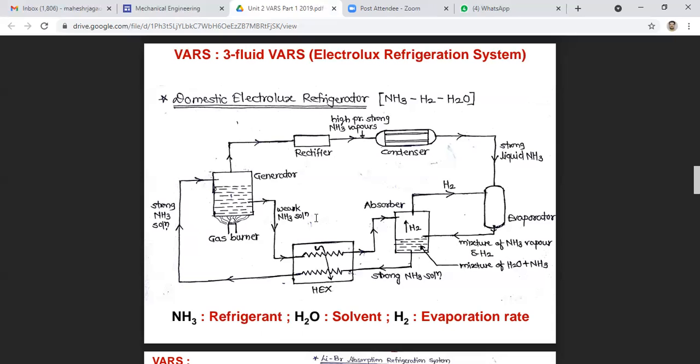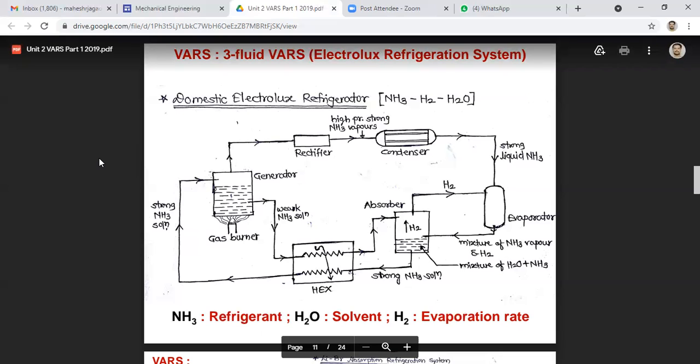So the principle of operation of the domestic type refrigerator we are going to discuss. First of all, we have seen the three fluids, why we are saying three fluids and why we are using the three fluids in this system. Now, we are going to see the principle of operation of this domestic refrigerator.